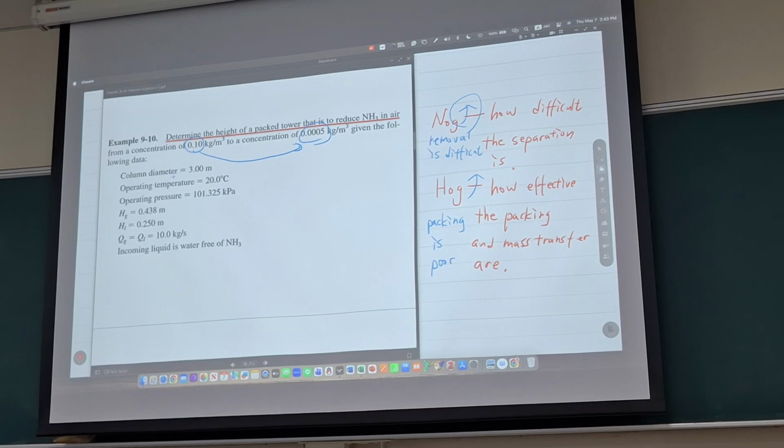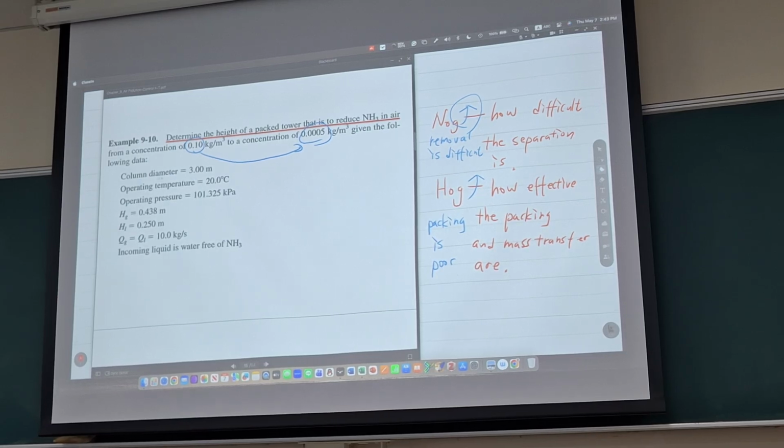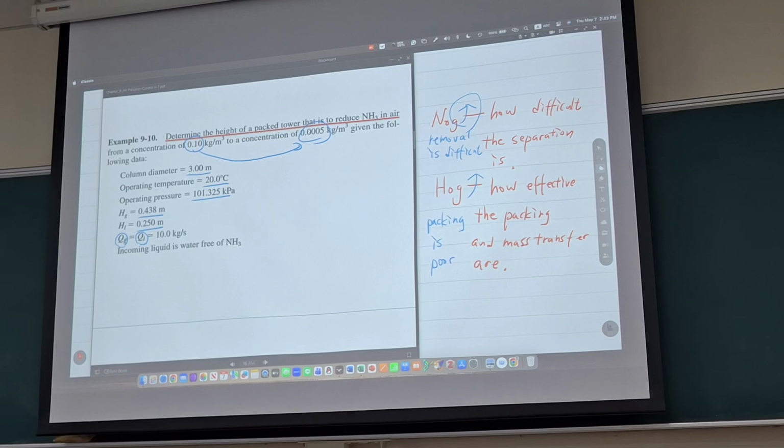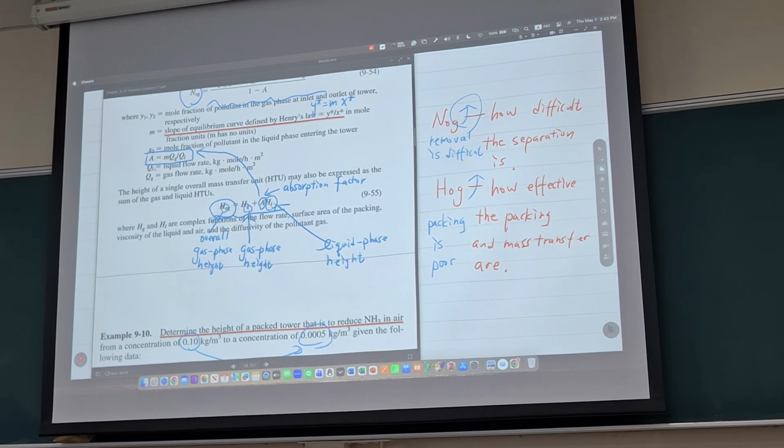The given data are diameter, temperature, pressure, H_G, H_L, and Q_G, Q_L. From Q_G and Q_L, what can you get? You can get A, right?